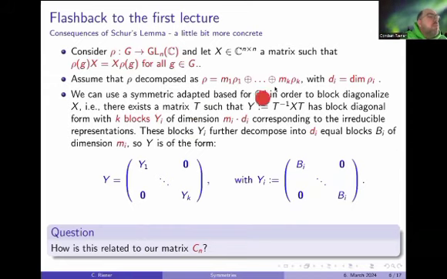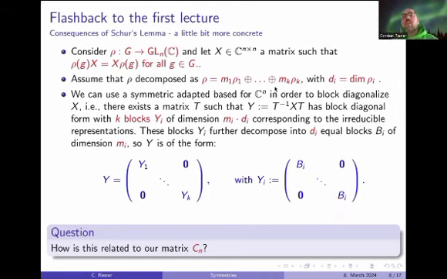So I have k irreducible representations. These k irreducible representations give me k blocks. Each of the blocks further decomposes into blocks, and the dimension of these blocks is exactly the multiplicities that I have here, these mi's, and I have dimension many of these same blocks in this subblock.